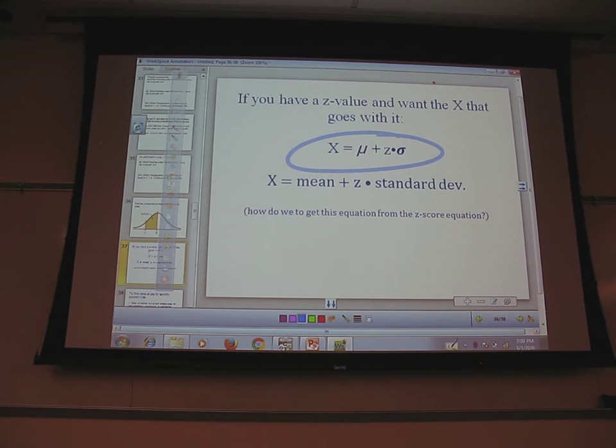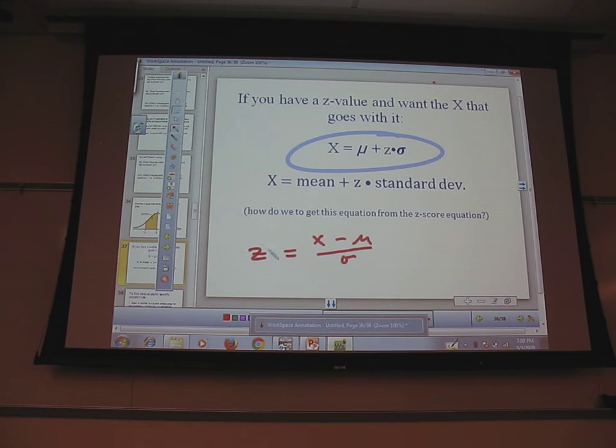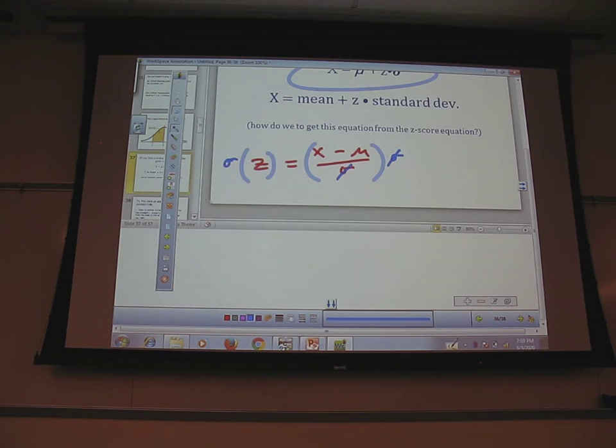It also comes from this formula. How do I find a z-score? X minus your mean divided by your standard deviation, right? How do I solve for x? Multiply both sides by sigma to get rid of this guy. So then I'd have z sigma equals x minus mu.